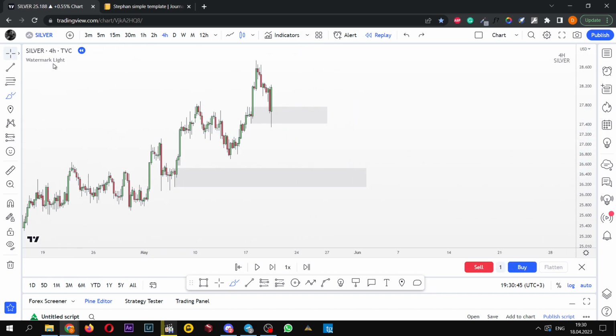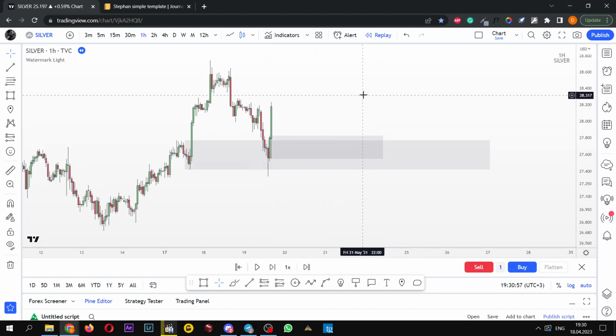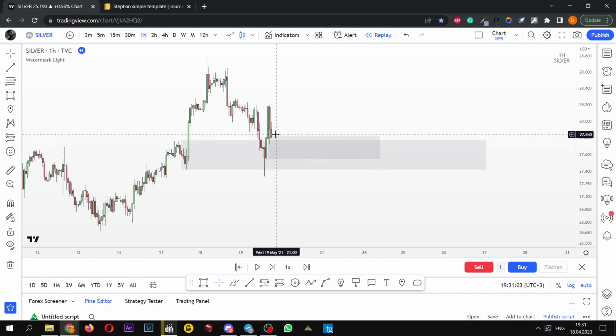So let's see. Basically this should be an entry from 1 hour, but I missed it. So I'm okay with using this inside structure and tap and go from there. Okay, we have a tap, but I don't like how big this candle is.